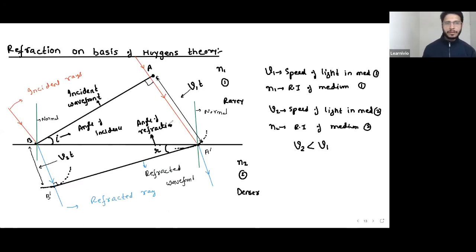You can prove another law. See, this is the incident ray, this is your refracted ray, and this is your normal. Your incident ray, refracted ray, and normal all lie in the same plane.